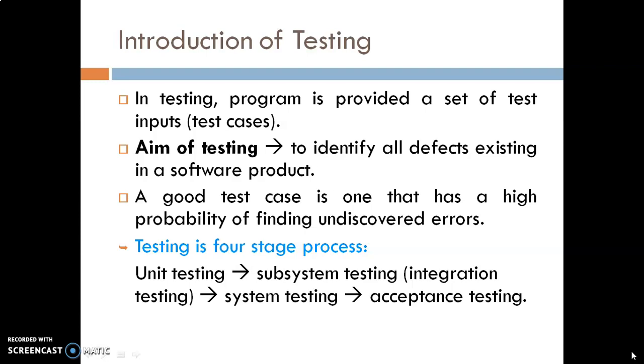A good test case is one that has a high probability of finding undiscovered errors. The testing process includes unit testing, subsystem testing called integration testing, system testing and acceptance testing.